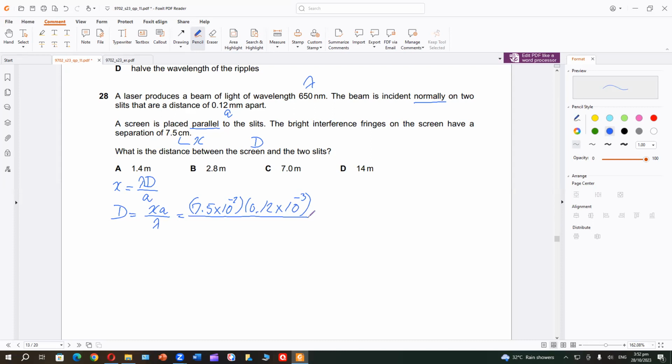Lambda is 650. So solve this. We'll get 13.8, so it will be 14.